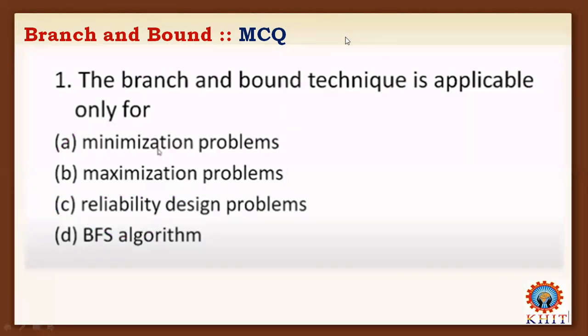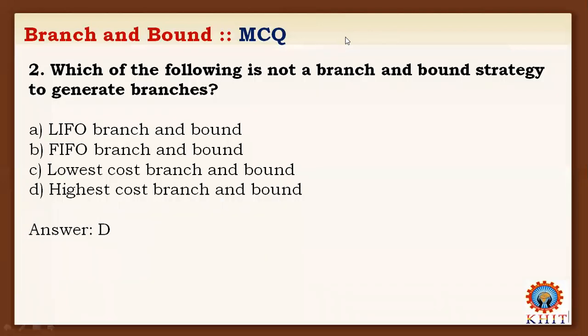The next multiple choice question is, which of the following is not a branch and bound strategy to generate branches? We can generate branches by using LIFO, last in, first out, which is a stack. We can generate for FIFO also, using a queue.